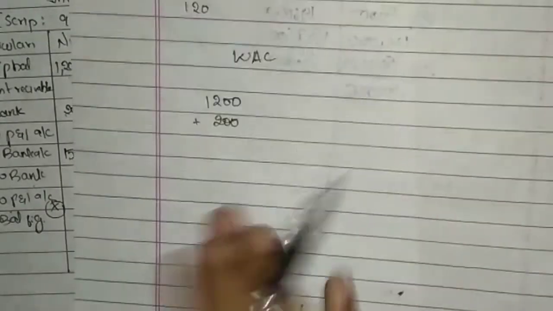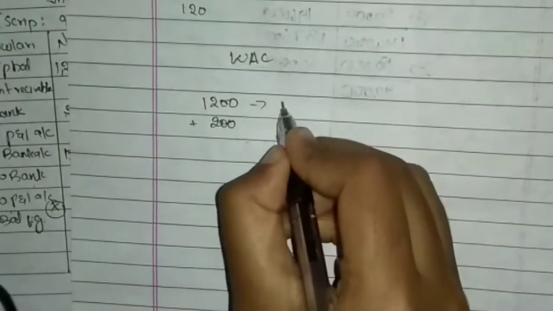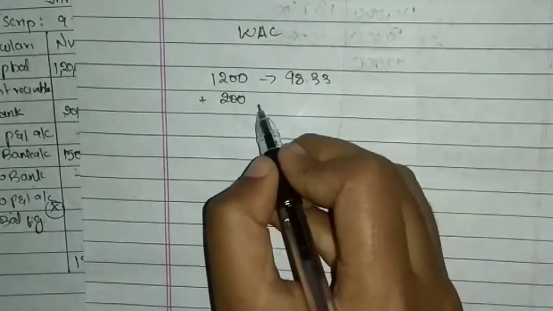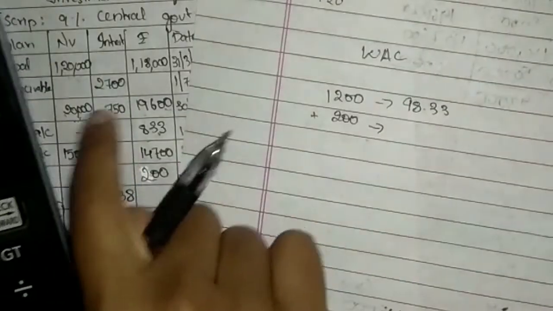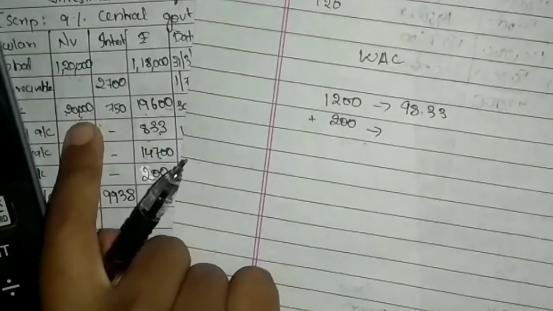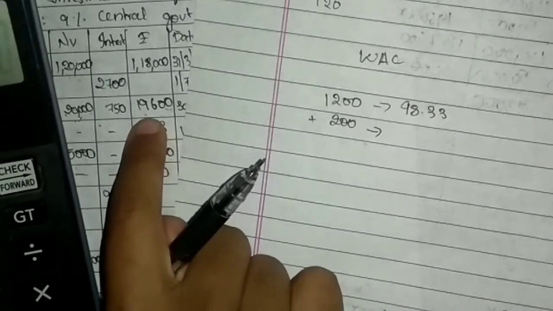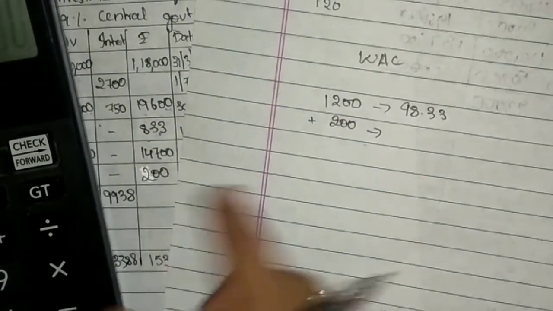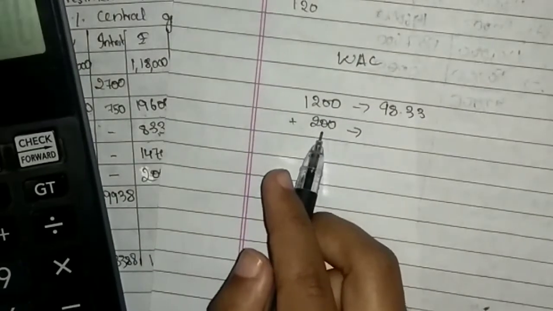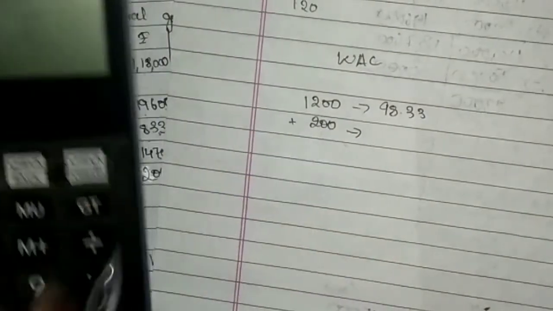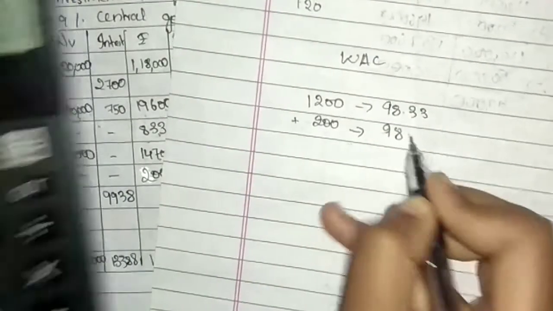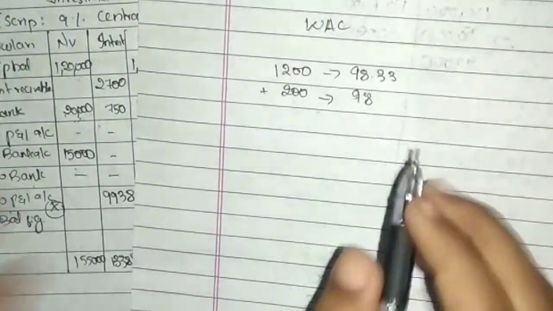So you write this as 98.33. Then you have the second one, 20,000 nominal value is having the cost of 19,600. 19,600 divided by how many units? That is 200 units. So 19,600 divided by 200 units, you get the price as 98 rupees. Now how do you do the WACC?